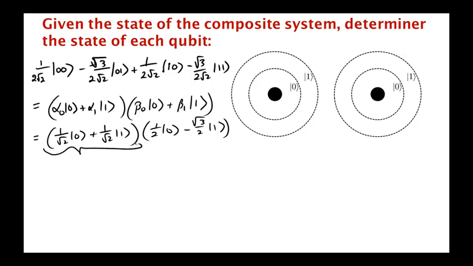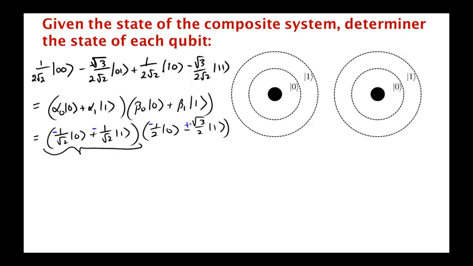Now, of course, this product will remain the same if we apply a minus sign to this and apply a minus sign to that. So in other words, we could make this state be minus this minus that, and we could make this state be minus this plus that.